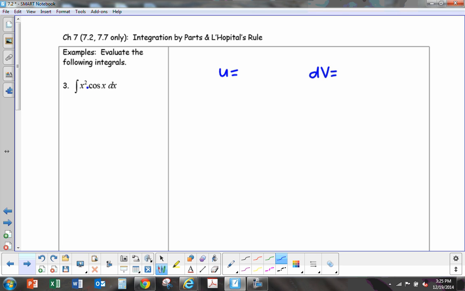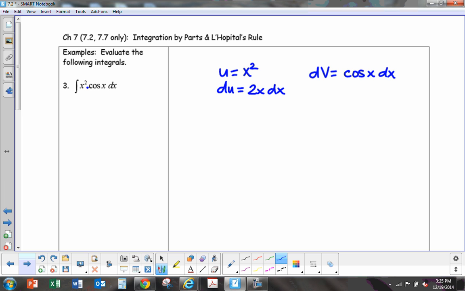Ideally, it's nice if u could be x squared. But if that's the case, then dv is going to be cosine of x dx. You have to make sure that you can integrate cosine of x, and we can. We're going to get the sine function. The reason that it's nice to have x squared as your u is because then when you take du, you get 2x dx.